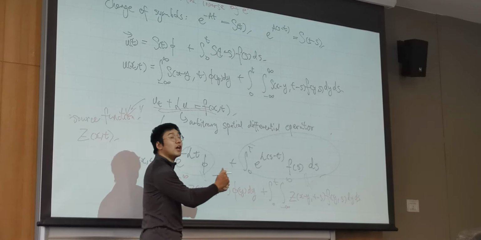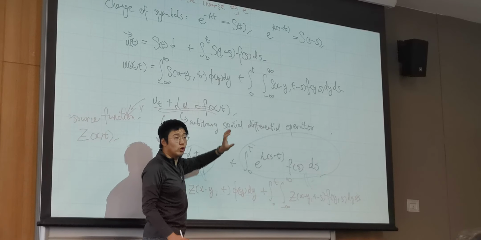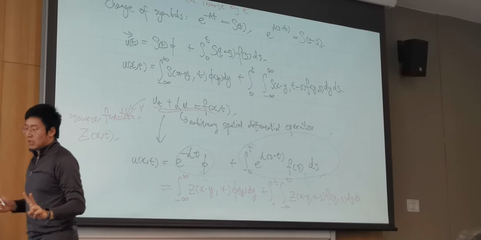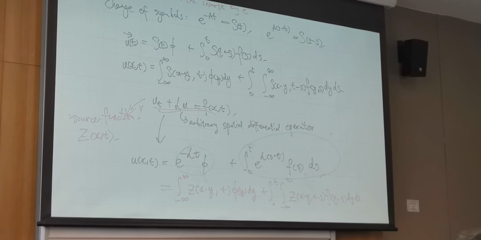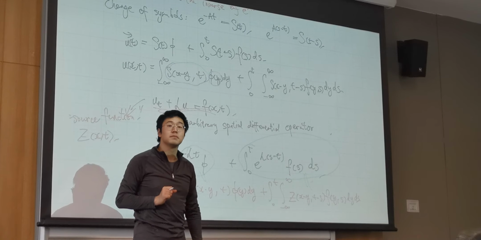Of course, this term only depends on two things. First, what exactly is the initial condition? And second, what is the representation of the dynamics taking place in the system?